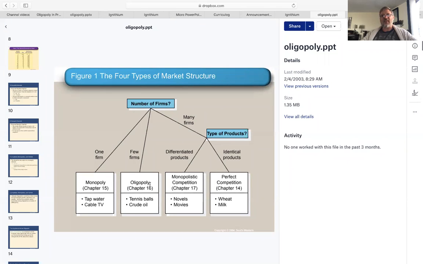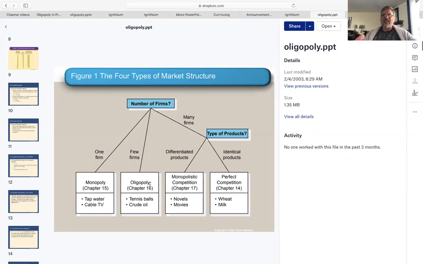A lot of times people also say that automobile manufacturers are an oligopoly because there's just Toyota, Honda, Ford, GM. There are only a few. Obviously, it depends, but normally people break it down into classes of vehicles. Think about mid-size pickup trucks: Ford, GM, Dodge, Toyota, that's about it.